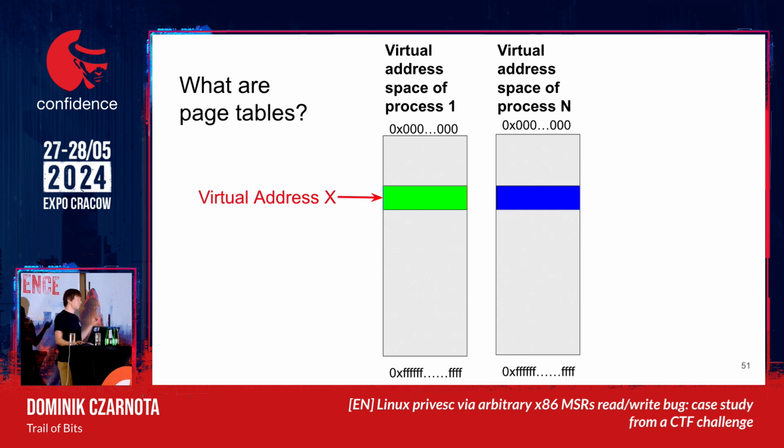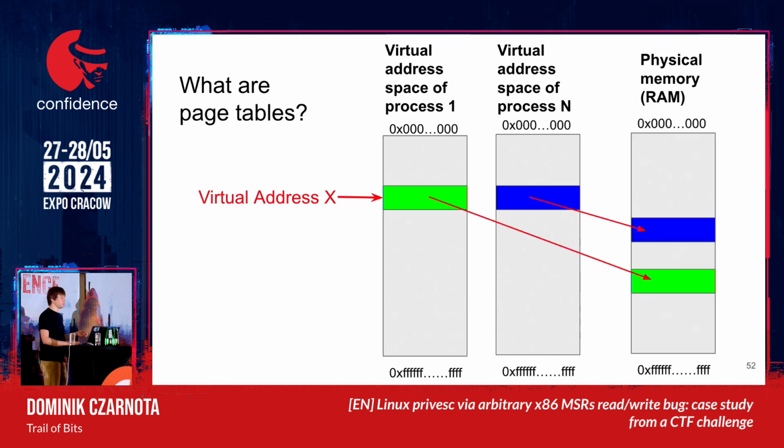And if you have two processes that want to access the same virtual address X, those two addresses can actually point to different pages in the physical memory in RAM. So there is some translation going on from the virtual address to a physical address. And this translation is supported by a thing called page tables. So for a given process, there are some tables in the kernel memory for figuring out how to map those virtual addresses to physical addresses.